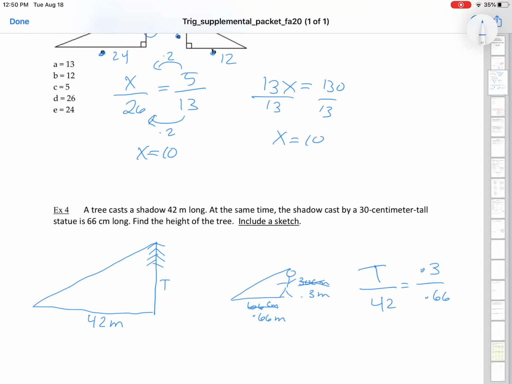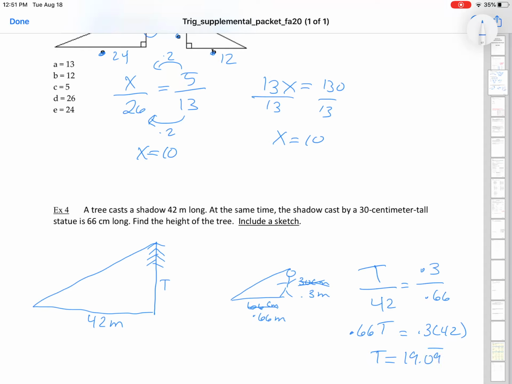But we could solve this because having a calculator with us, doing 0.66t is equal to 0.3 times 42. And we know what to do. 0.3 times 42 divided by 0.66. And we're going to get a number. T is equal to 19 and it goes 0.9 repeating.